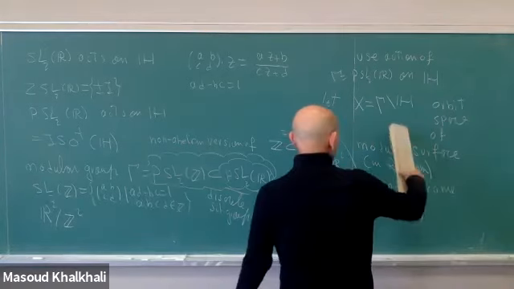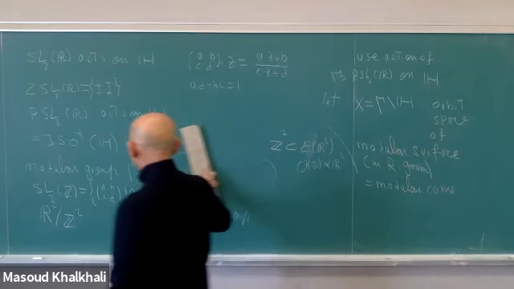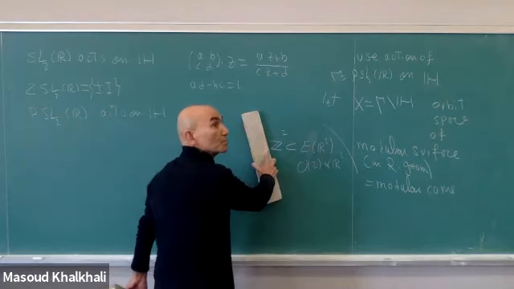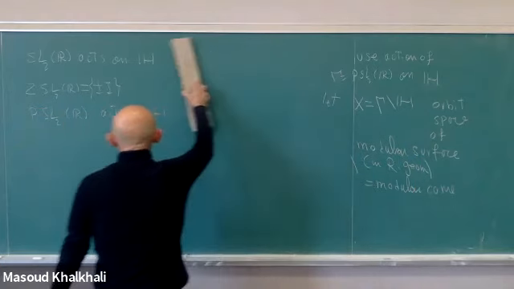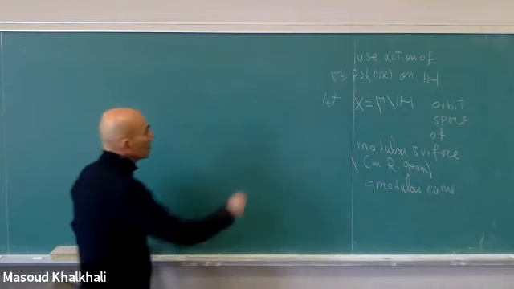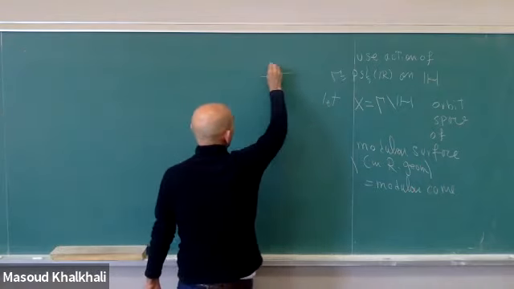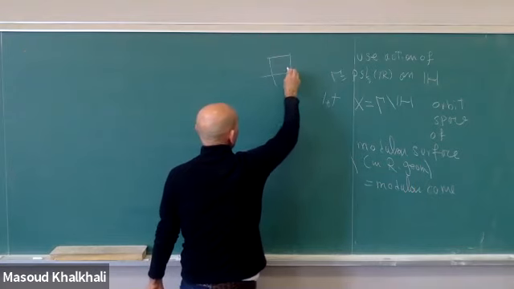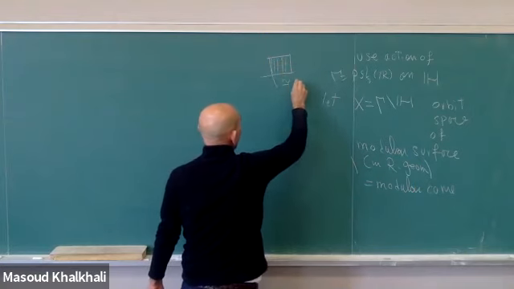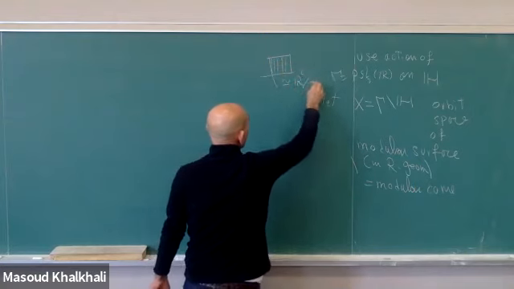To understand this space, we have to take a fundamental domain, like the way we looked at a fundamental domain for the action of, say, Z^2, and identified it with R^2 mod Z^2.